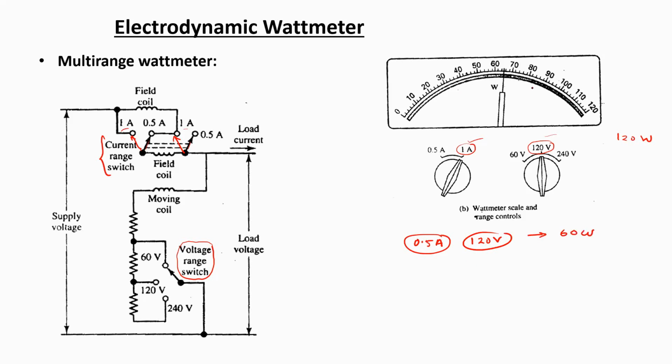If someone takes the reading directly from this scale, that would not give accurate data, because some manipulation has to be done: the corresponding power for the selected switch positions is 60 watts, which is half of the full scale deflection available from the scale. So whatever reading is taken from this scale should be divided by 2 to get the accurate reading.